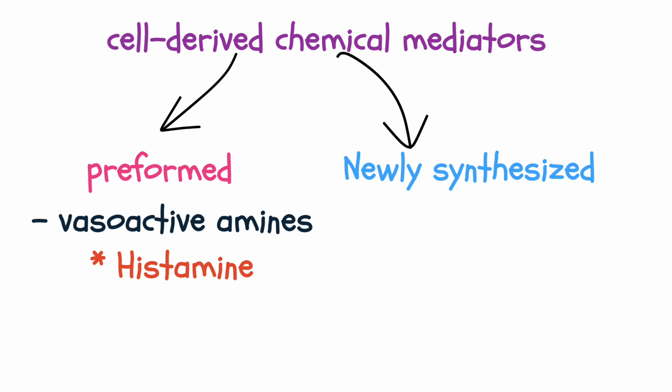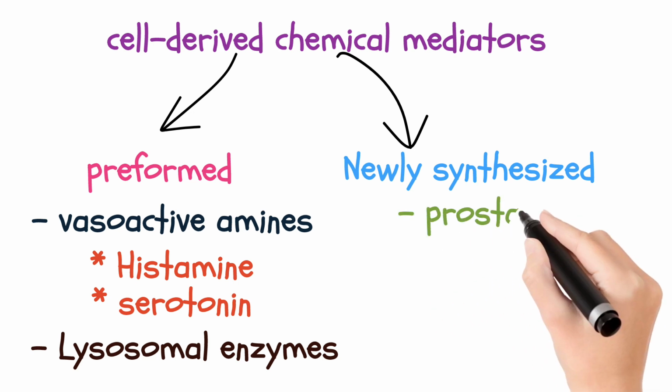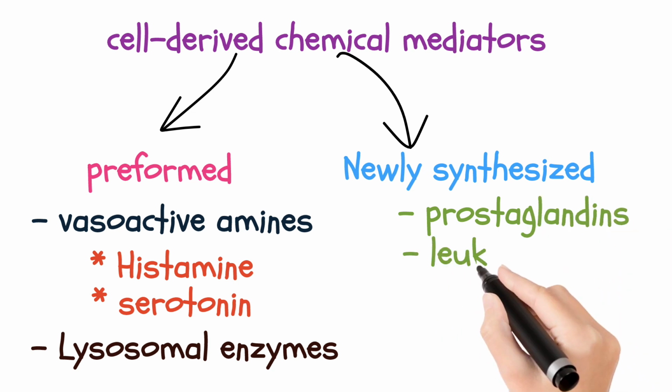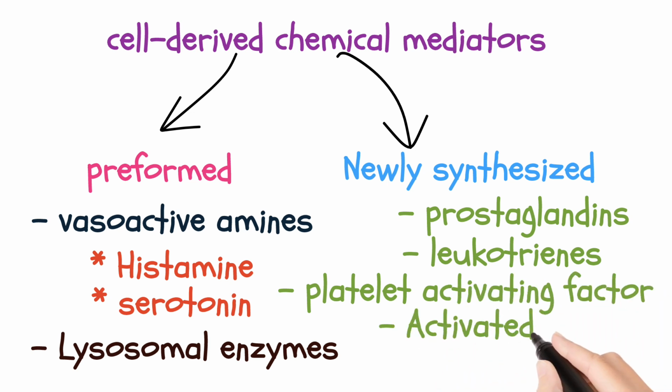The next example of vasoactive amines is 5-hydroxytryptamine, also known as serotonin. Serotonin is present in the mast cells of rats and mouse only. Next, under the preformed are the lysosomal enzymes, which are released by neutrophils and macrophages, and that's it for the preformed. Under the newly synthesized, we have prostaglandins, leukotrienes, platelet activating factor, activated oxygen species, and nitric oxide.